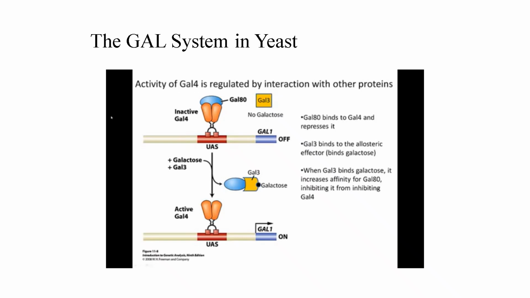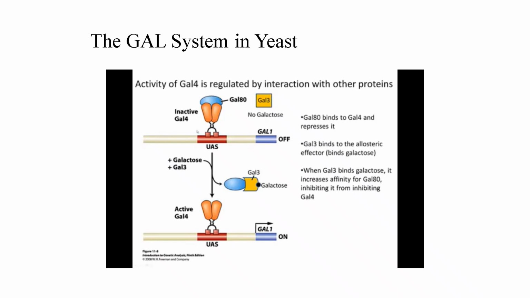So here you've got a much more complex situation. You've got a couple of other proteins that are very important in regulating the activity of GAL4. All three of these proteins, GAL4, GAL80, and GAL3, are always present in the cell. But they will be able to respond to the presence of galactose in the following way.